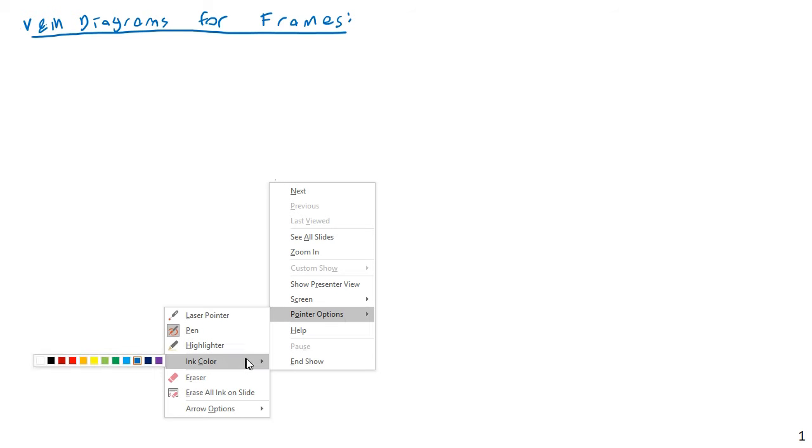So the big idea here is that whenever we cut a member, there will always be internal forces revealed. For frames, the same thing is true. When cutting a frame at joints, internal forces will be revealed.